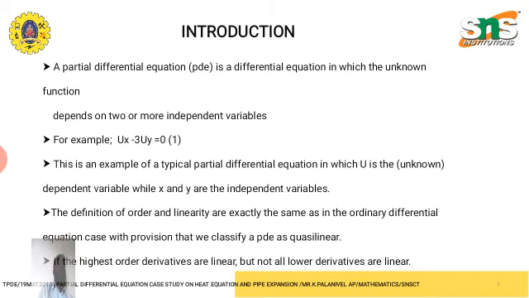The definitions of order and linearity are exactly the same as in the ordinary differential equation case, with the provision that we classify a PDE as quasi-linear if the highest order derivatives are linear, but not all lower derivatives are linear.